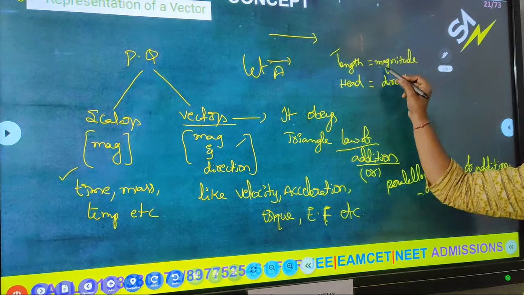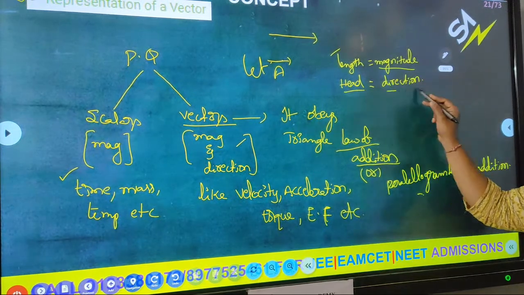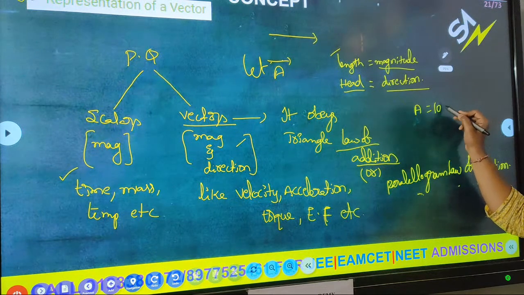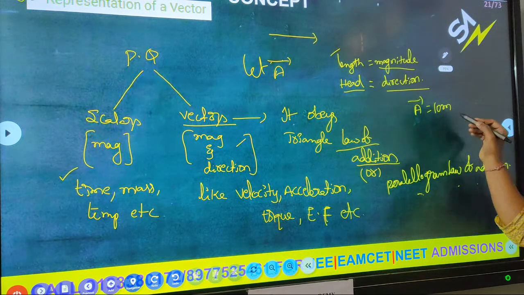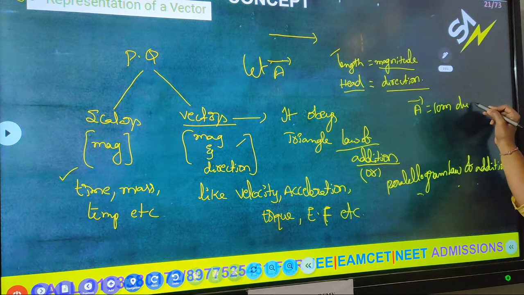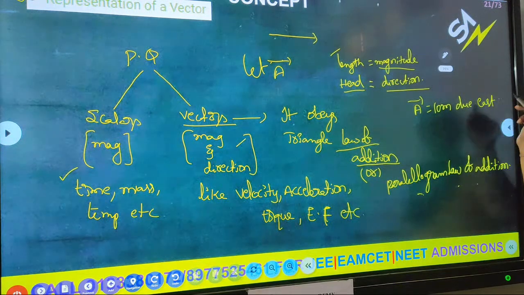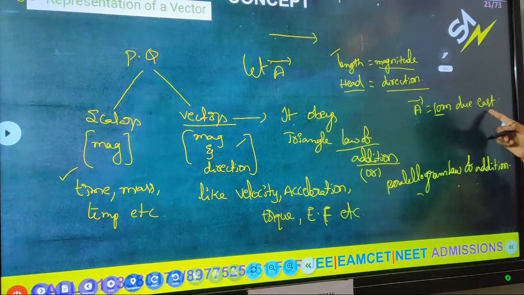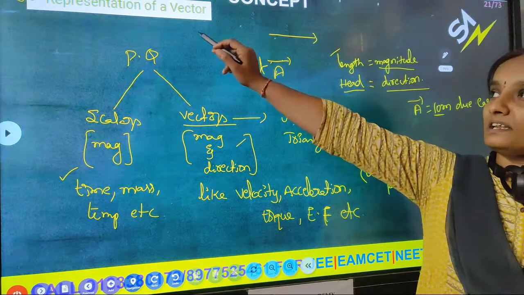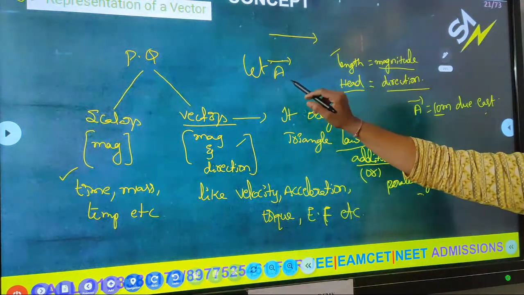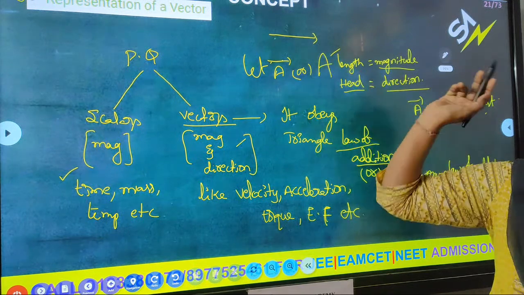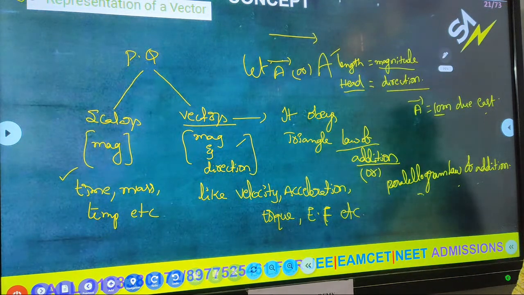Let us say vector A bar is equal to 10 meters due east. Here magnitude is 10 meters and direction is east. So the vector representation is an arrow over the head of that vector, or you can represent it with a bold letter. That is the representation of a vector.